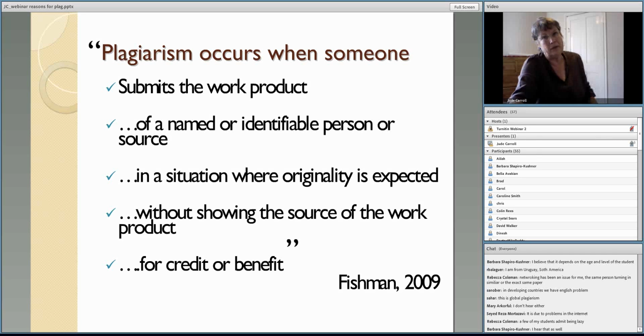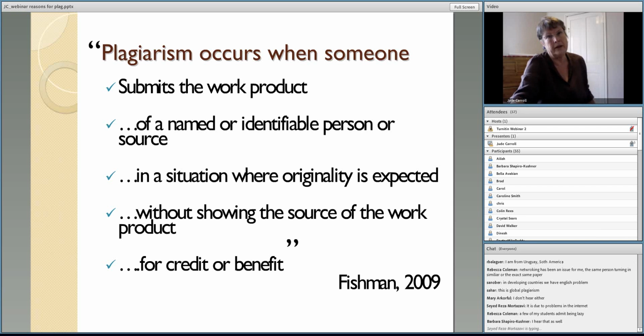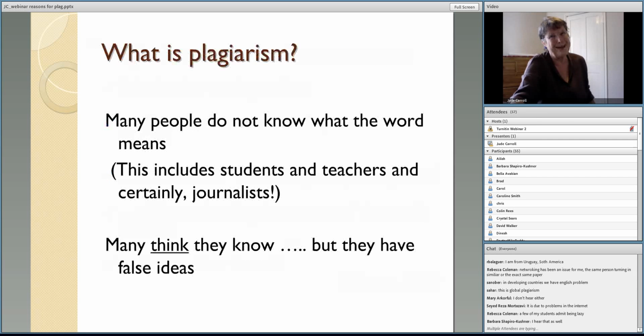Now, I put in my quote marks because these are the actual words that Teddy Fishman used. So if you think about all the complicated things that are going on in that definition and in the citation and in the quote marks, it shows how complicated and difficult this idea is for students. So this business about what is plagiarism, what is cheating, what is plagiarism using cheating, what is cheating using plagiarism, is quite difficult.